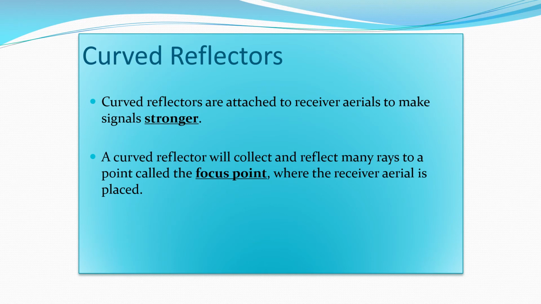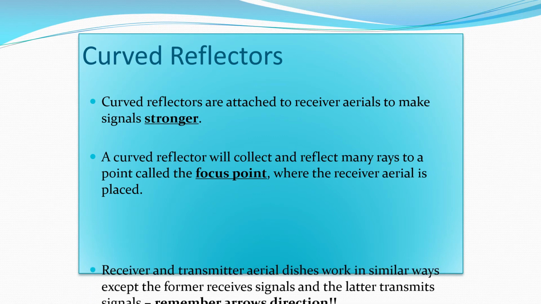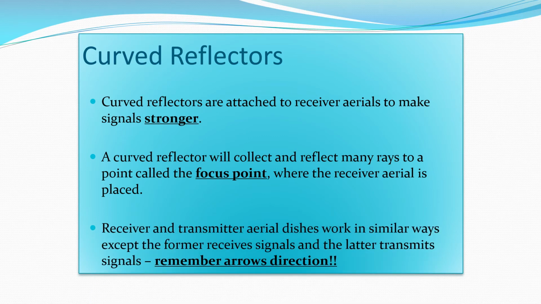A curved reflector will collect and reflect many rays to a point called the focus point. And that's where we put the aerial to receive them. So they're all getting focused in there. And then one last bit. We can also use these to send signals out as well as receive them, and they work in very similar ways.